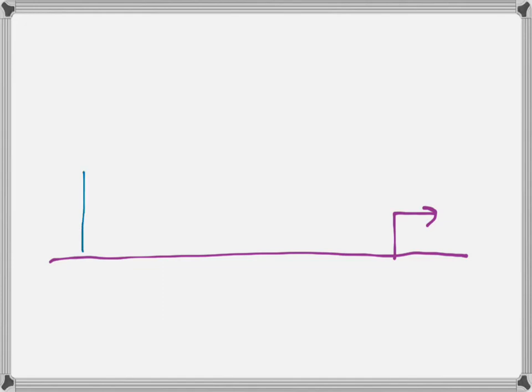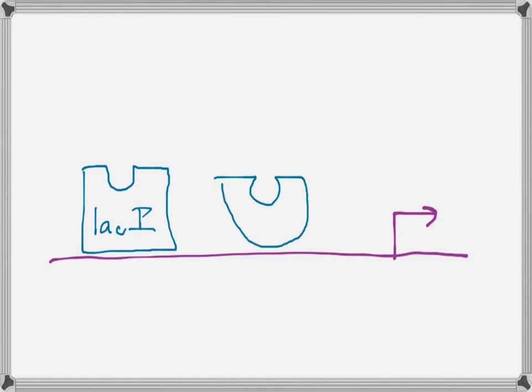So if this is our, again, DNA promoter region, lac-I, the default state, binds to the DNA. If lactose is present, it changes the shape of lac-I in a way so that it no longer can bind.